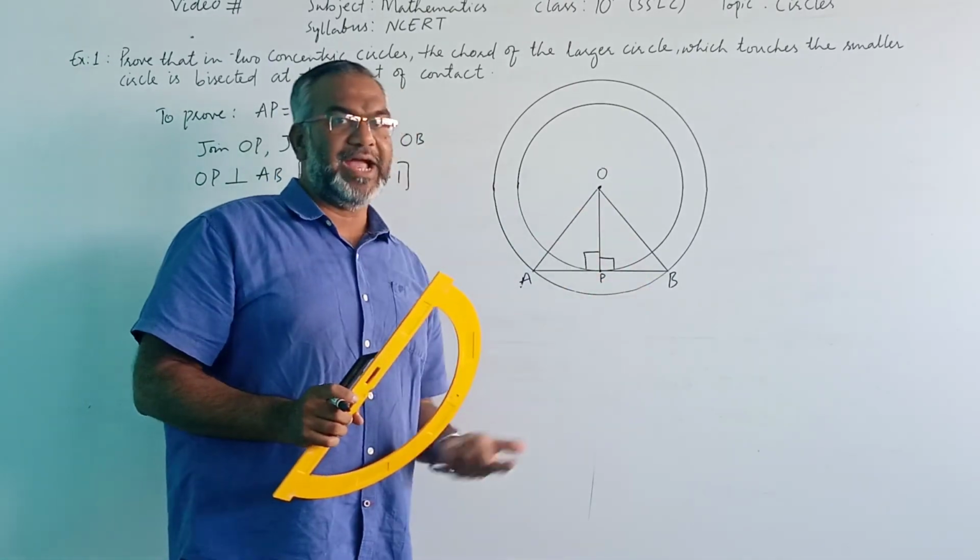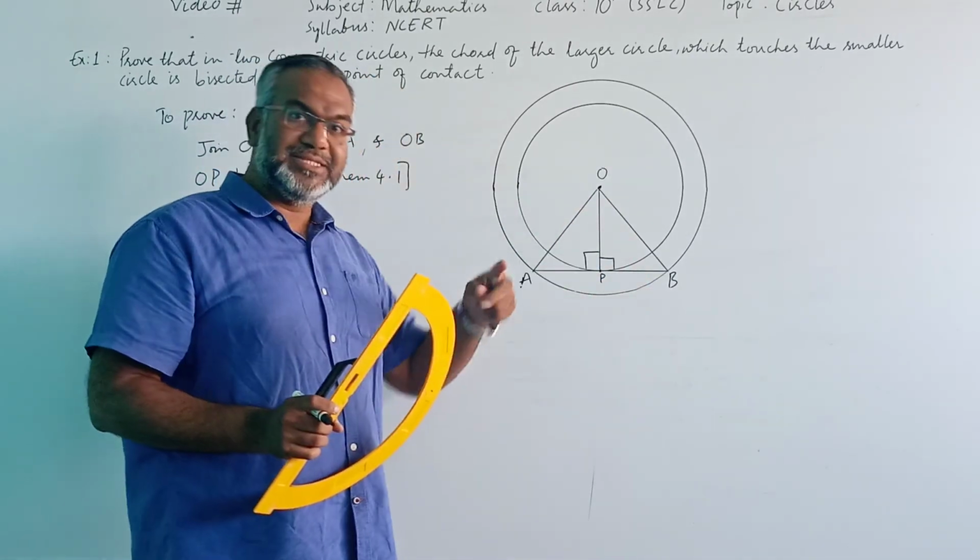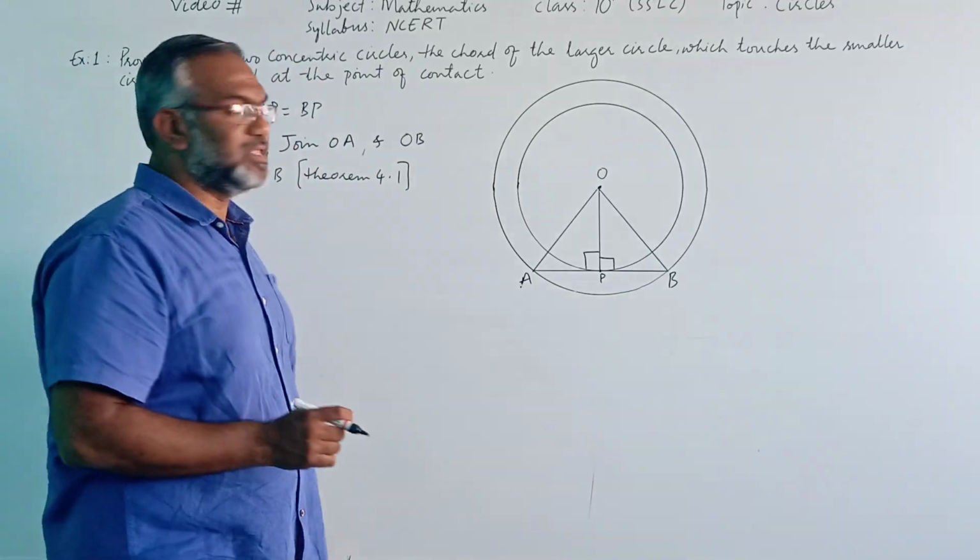OPB is also a right triangle. If these two are right triangles, then we can apply the Pythagoras theorem in them.